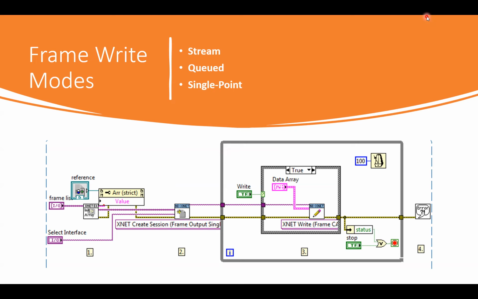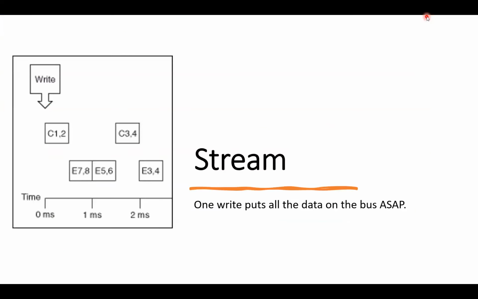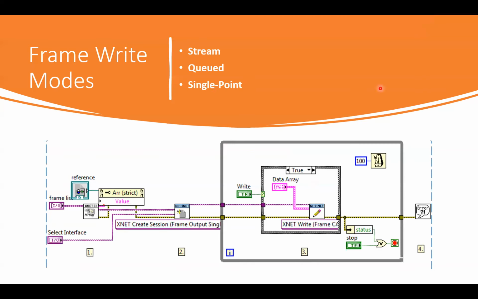We are going to see how frame write mode works. This is a basic example code where we have the frame list and the interface. Then it will create the session. After creating the session, we'll be writing the data into the frame.